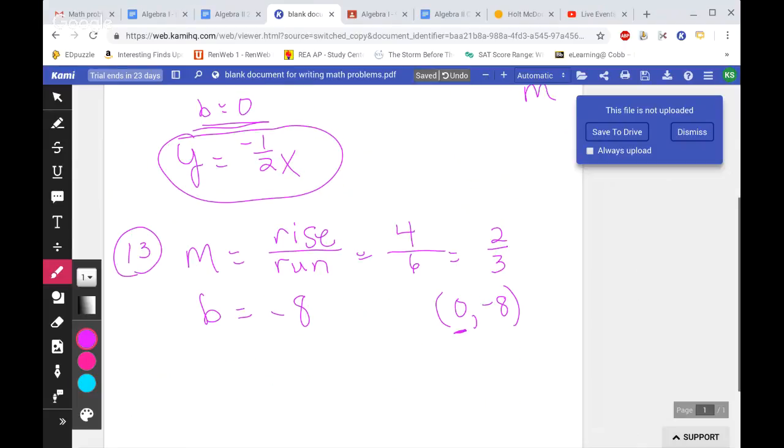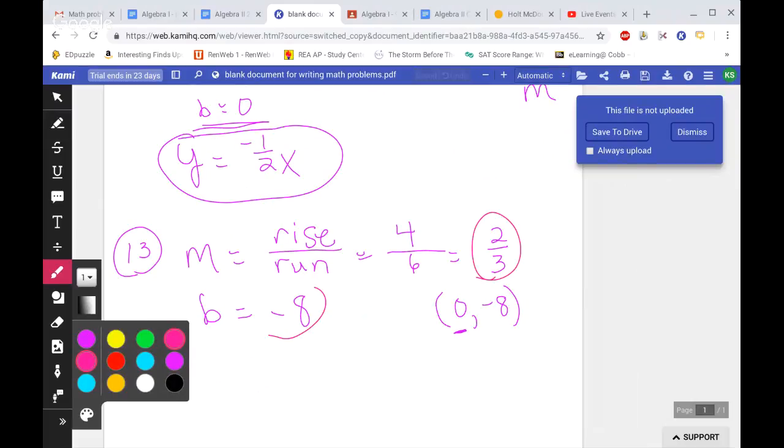So now we have our slope and we have our y-intercept. So we can now write an equation. Y equals 2/3 x, because you have to have your y, you have to have your x. Or is it plus -8?